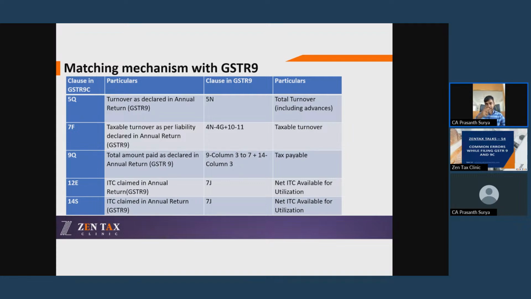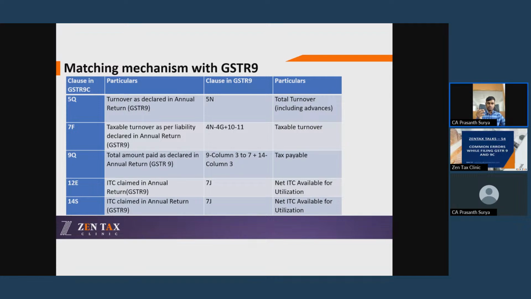If you have any query in filling up the form in GSTR9 itself, please refer to the webinar organized by our Zentax a couple of weeks back, handled by our CTO CA Jayamohan. That is available on our YouTube channel, so please refer to that.